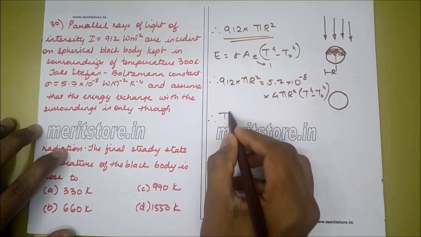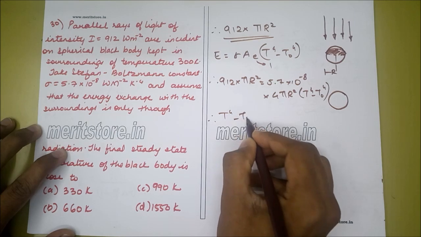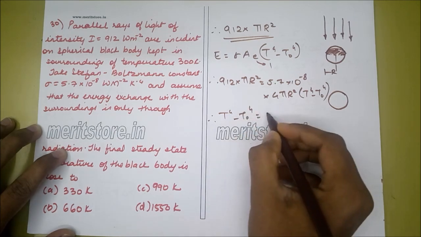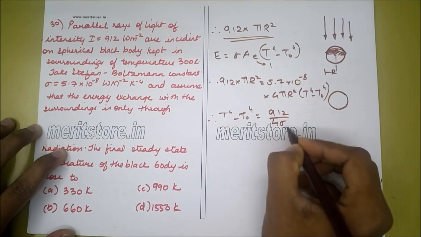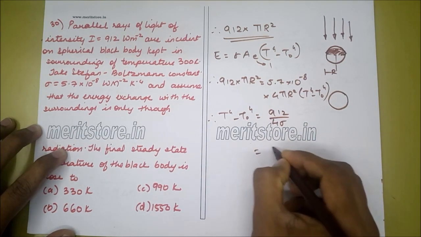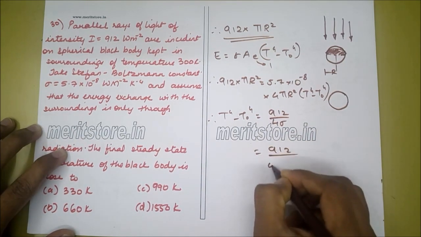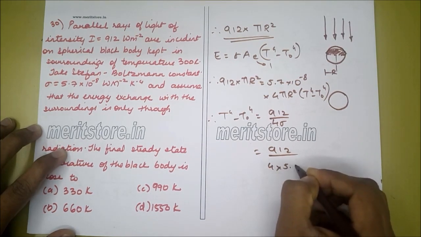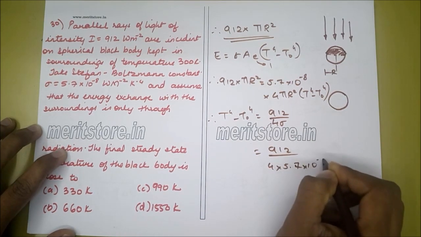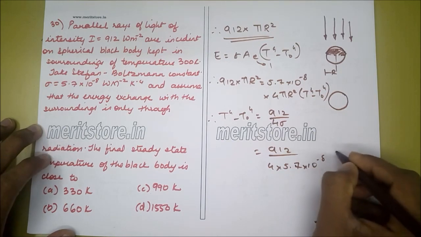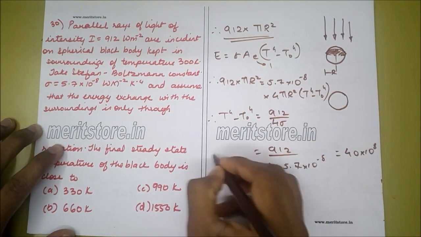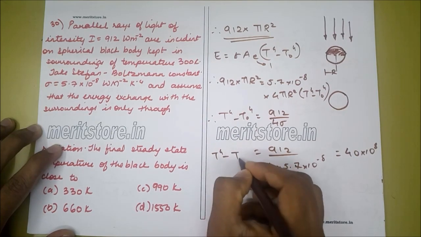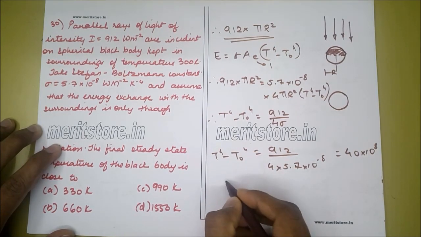So T raised to 4 minus T naught raised to 4 we get as 912 upon 4 times sigma. So 912 upon 4 into 5.7 into 10 raised to minus 8. So this becomes 40 into 10 raised to 8. This is T raised to 4 minus T naught raised to 4.